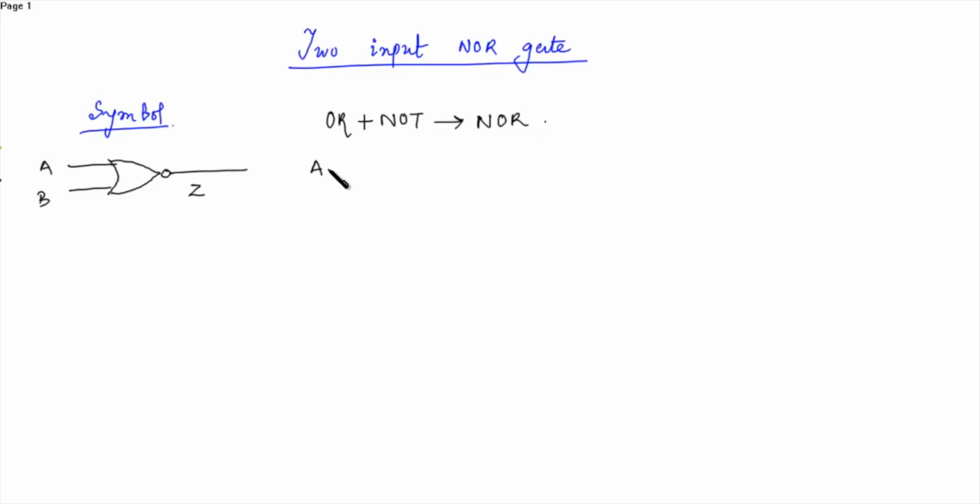So OR is represented as A plus B, and an inverter gives the output as (A plus B) bar.